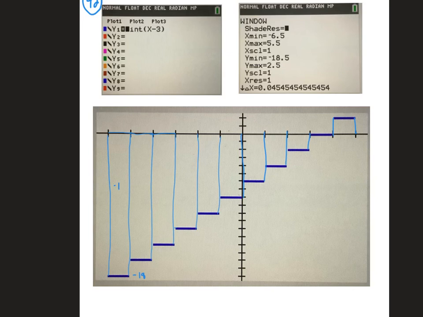The next one is negative 16, negative 14, negative 12, negative 10, negative 8, negative 6, negative 4, negative 2. Then negative 12, negative 10, negative 8, 6, negative 4, negative 2, and that's positive 2.